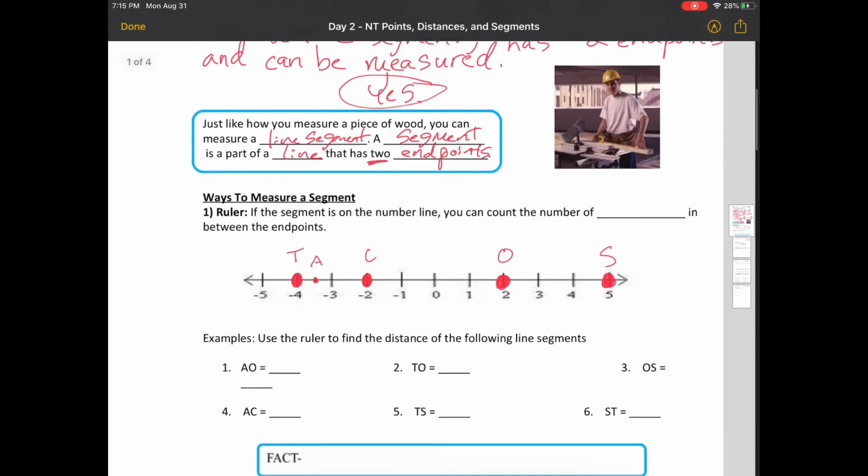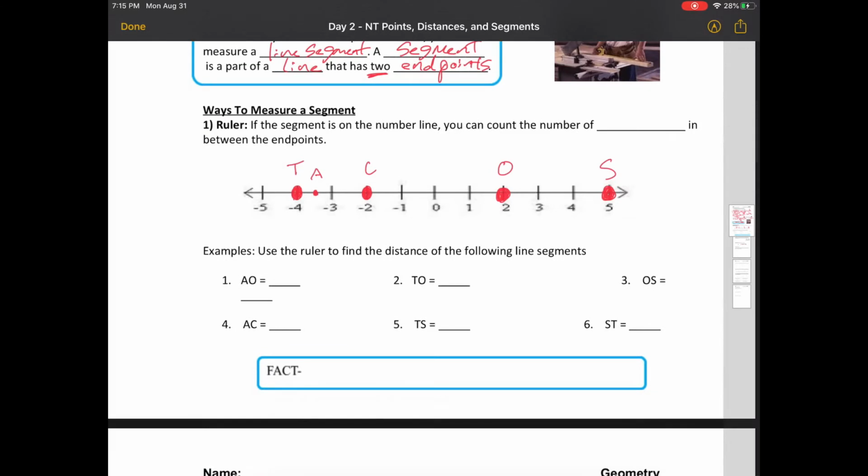It is technically a line, but it has definite ends to it. So how can we measure this? You might see something like this here below where it's on a number line like this, and you can count the number of spaces that's in between the endpoints. So let's look at this, for example. We're not going to use a ruler for this one just yet. We do have numbers on here.